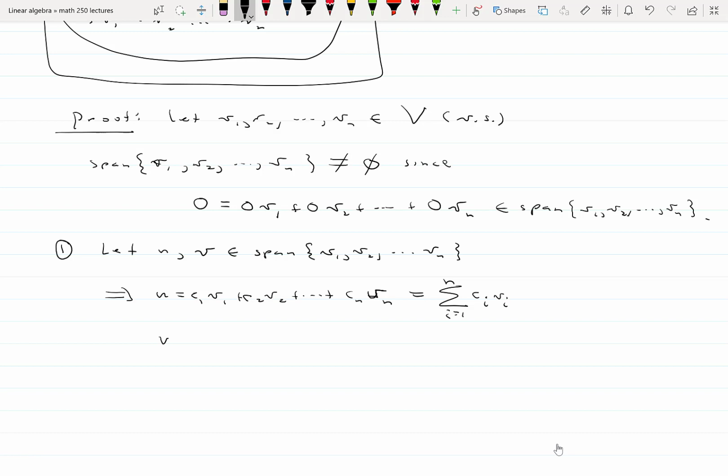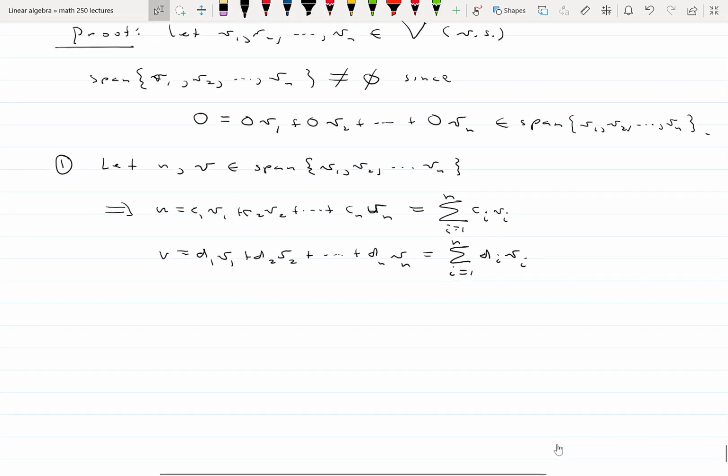Since v is in the span, then v must equal some d1 v1 plus d2 v2. Remember, to be in a span means that the vector needs to be a linear combination of v1 to vn. That's nothing more than the sum of the di vi's, i ranges from 1 to n. I need to show that the sum of those two is in there.